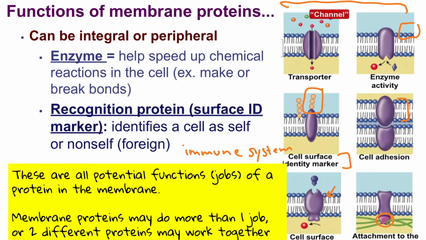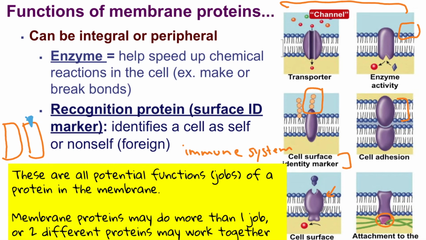So it's both a receptor and an enzyme. Some transporters won't open up their doorway unless they bind to the right molecule to open the door, and that would be an example of both a receptor and a transport protein. So you get things that can do more than one.